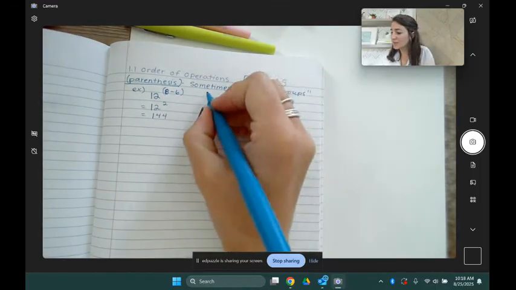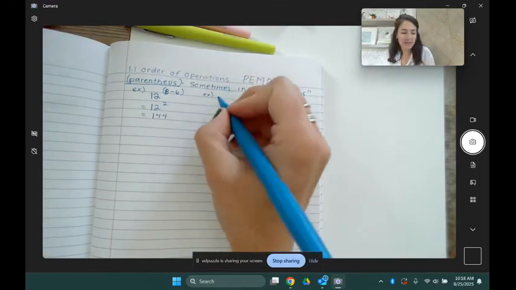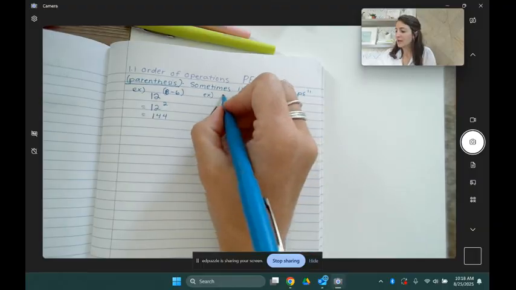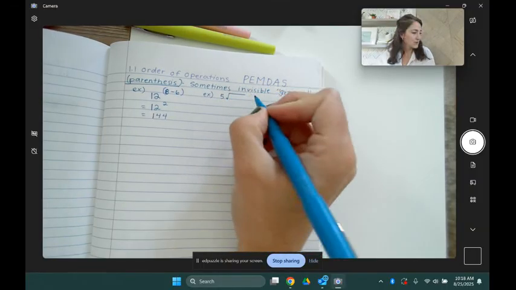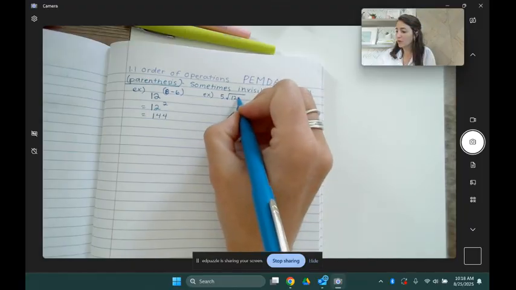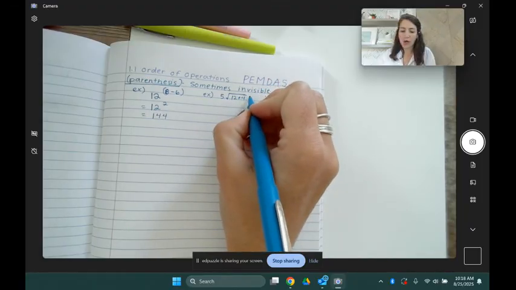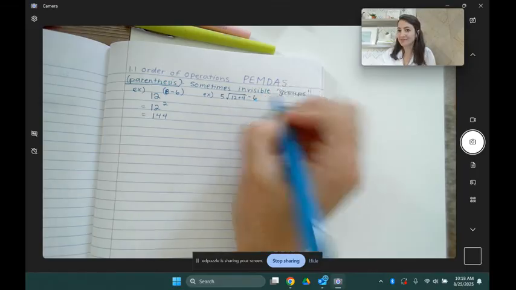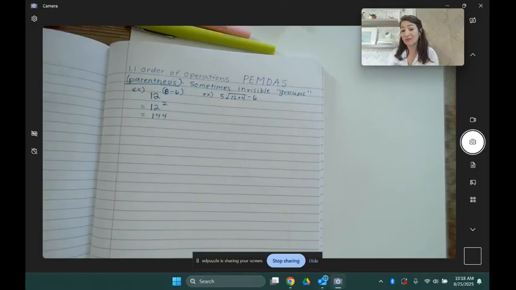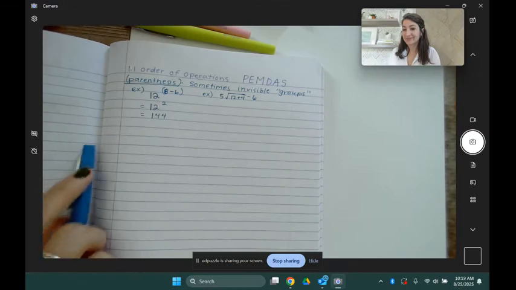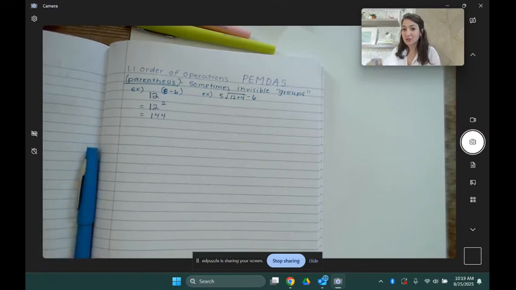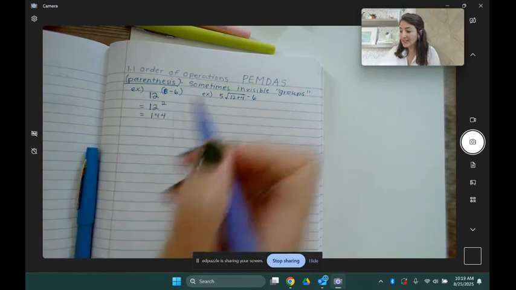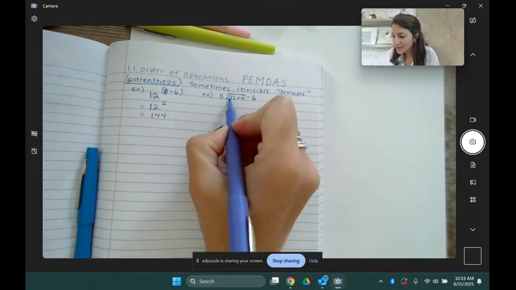Here's another example. So let's say I have 5 times the square root of 12 plus 4 minus 6. I don't see any parentheses there, but I do see one group of numbers that are together that kind of have nothing to do with each other. The 12 and the 4. The 12 and the 4 are together in this group.